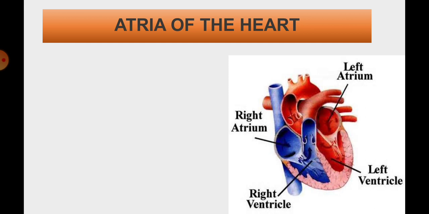Let's know about the heart chambers. Heart chambers are of two types. One is atrium, or you can say atria in plural, and another is ventricles. So at first we will know about atrium.